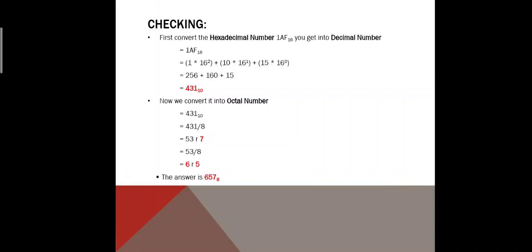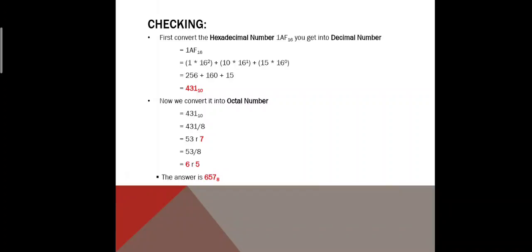And 16 raised to 2 is 16 times 16. So, yun. 256. So, i-add lang natin yung 256 plus 160 plus 15. Ang sagot na lumabas is 431 base 10. So, ayan, decimal number na siya.